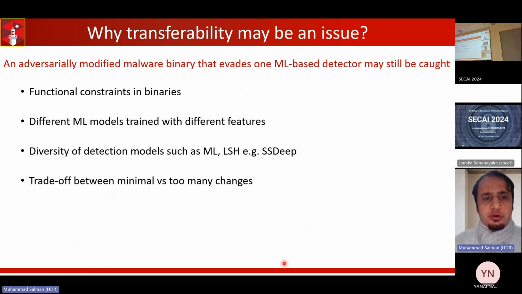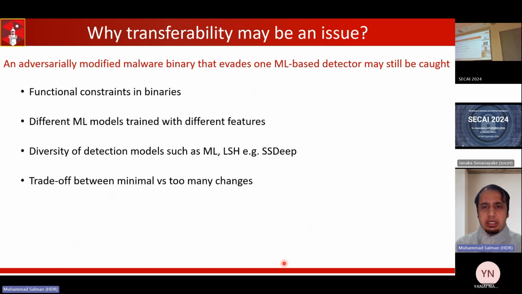Fifth, there is a trade-off between minimal versus too many changes. So what does this mean? In the constraints, we discussed that the adversary would like to make some minimal changes to the binary to evade detection. If the adversary makes minimal changes to a binary to evade a machine learning detection, such minimal changes can also evade the cryptographic hashes.